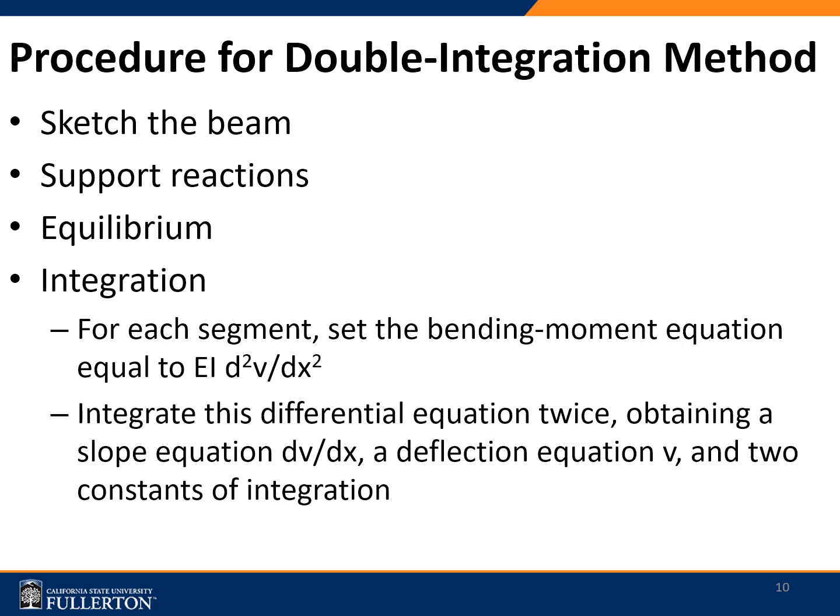Now to do the double integration, we need to sketch the beam, estimate the reaction forces, find the equilibrium condition, and then perform the integration. Again, this is a double integration method, so you would be starting with the bending moment equation and then integrate it twice, and we would eventually find the deflection, which is nu, followed by using the boundary conditions to determine the value of the deflection.